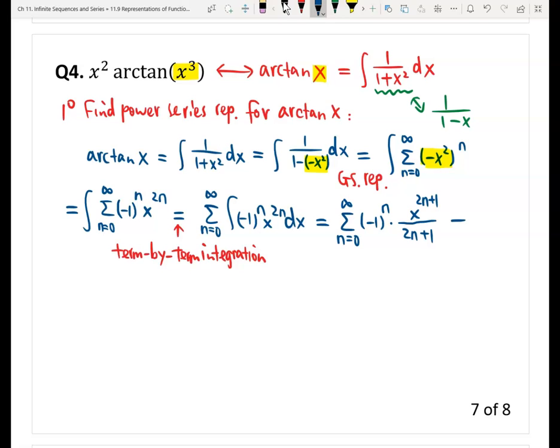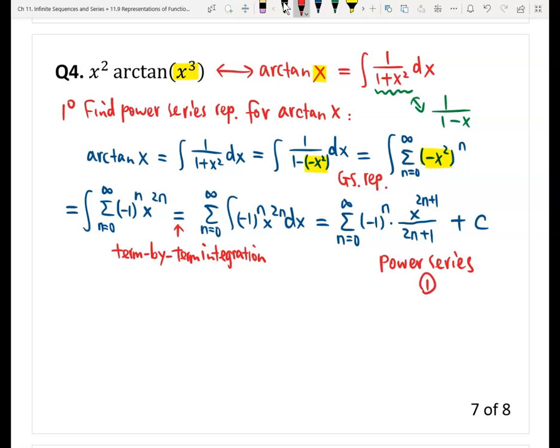Of course, don't miss the plus c at the end. So now this is a power series. Good. That's the power series we need for arctangent. So this is not our final.